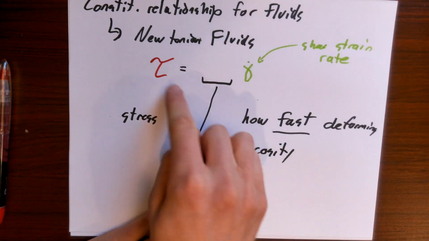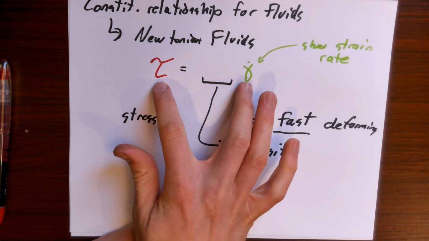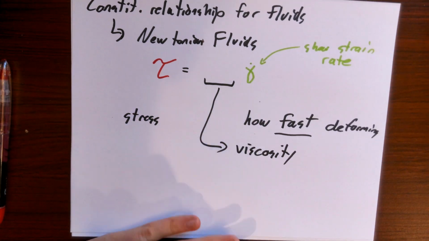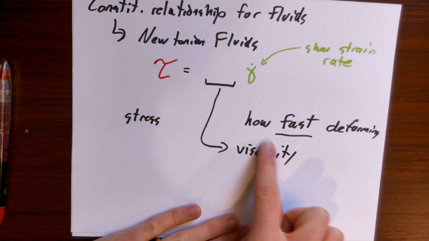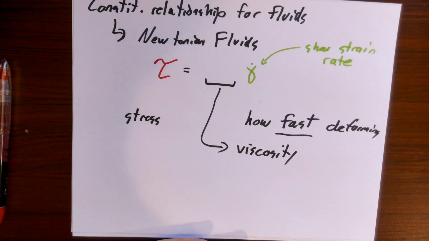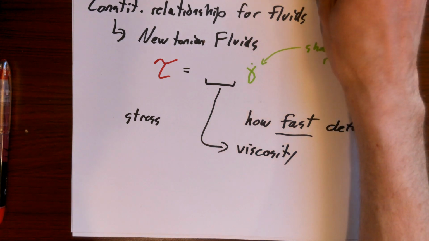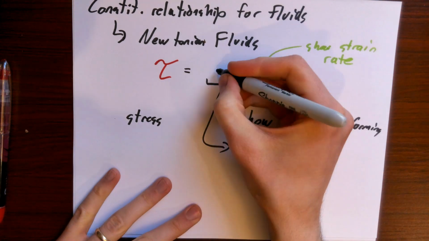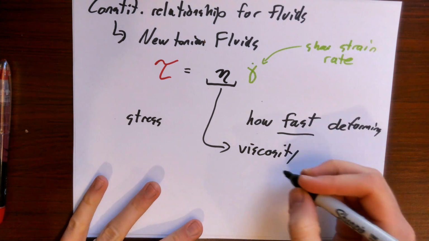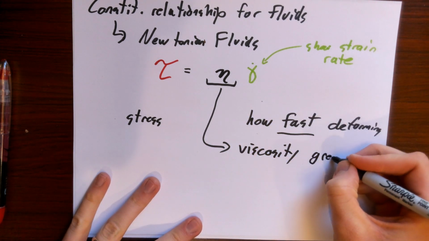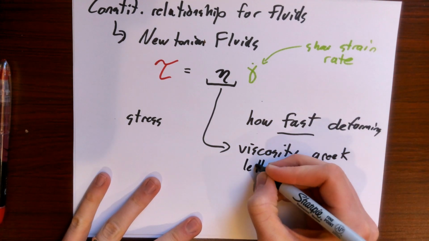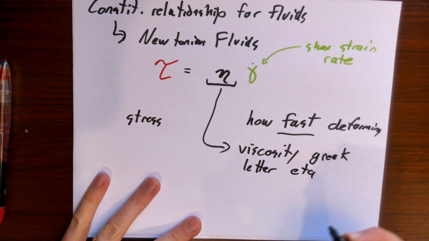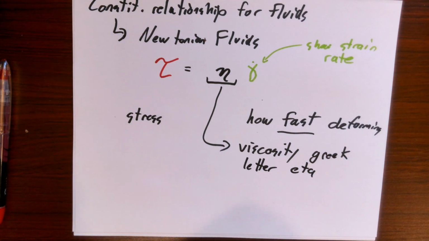Different materials have different relationships between shear stress and shear strain rate, and what makes one material different from the other is its viscosity. We give viscosity a special variable, and I'll call it the Greek letter eta.